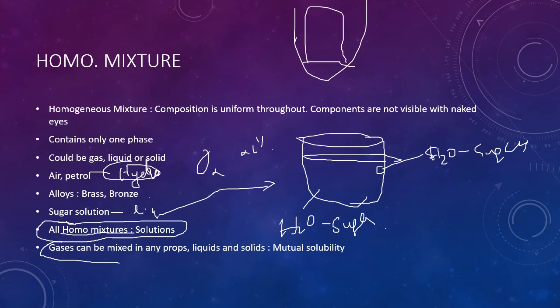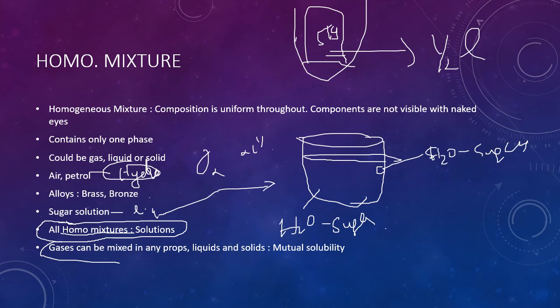If I add a bulk of solute, like 5 kilograms, to half a liter of water, it is total stupidity, because it won't get mixed properly, right? So it won't become a homogeneous mixture. So the mixing proportion depends upon the mutual solubility.